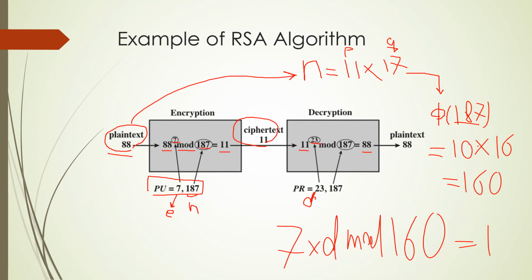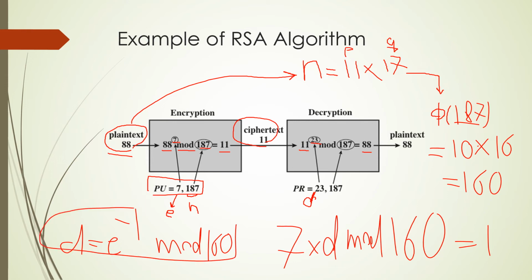And that's the definition of inverse. I told you that D is going to be E inverse in base 160, in base phi of n. And the definition of this inverse is basically this equation.